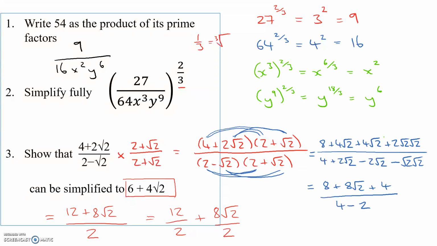That might make it easier for you to see what we're going to do next, which is just divide both of the terms on the numerator by 2, which is going to give us 6 plus 4 root 2. Woohoo! If you can do those, well, very well done.